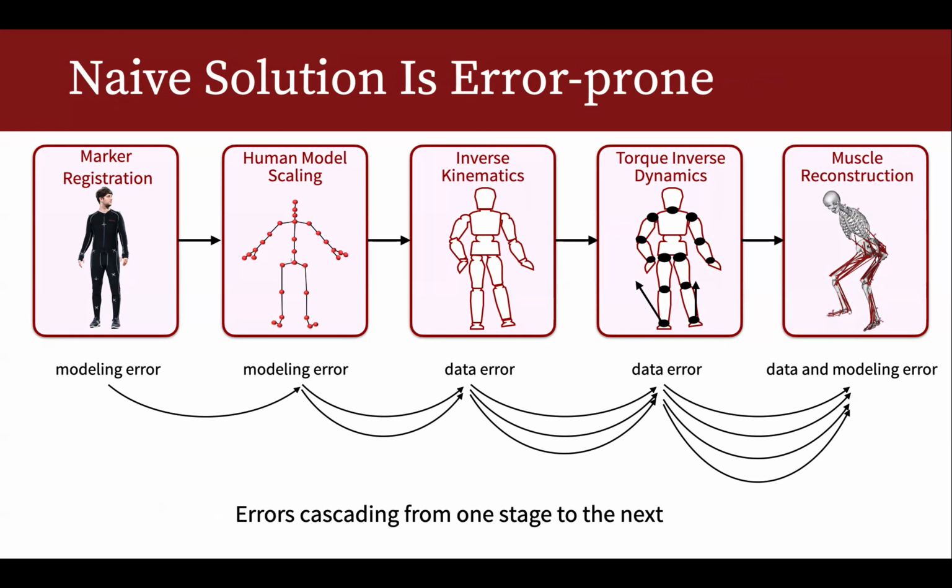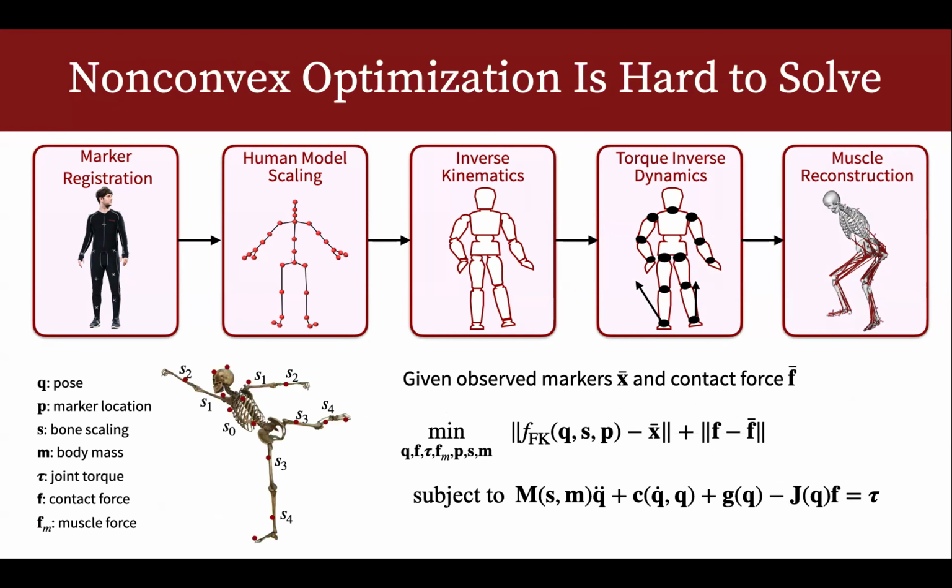It's too late. So the right way to do it, we all know, is to solve a giant joint optimization problem that solves for pose, marker location, bone scaling, body mass, joint torque, contact forces, muscle force, all of that you can imagine, in one optimization. And of course, the problem is you cannot easily solve it because it's non-convex and really challenging, and the initial guess becomes the most important thing to tackle the local minimum problems.